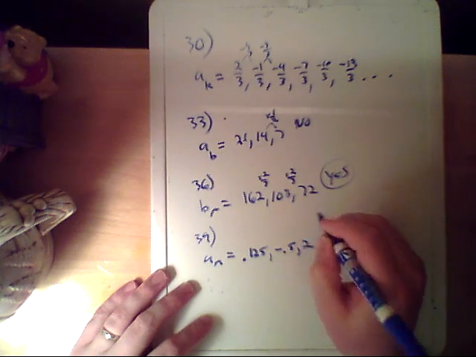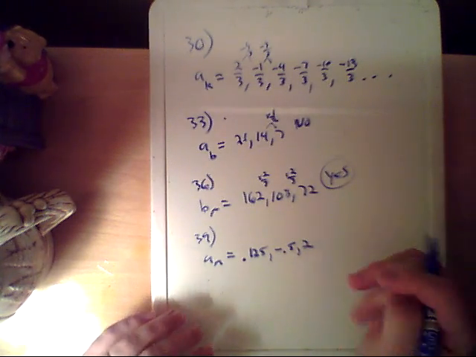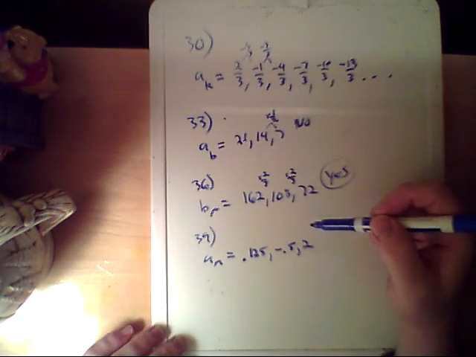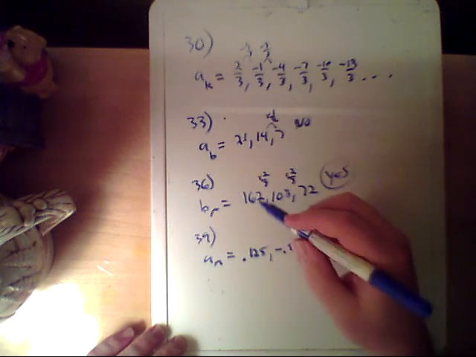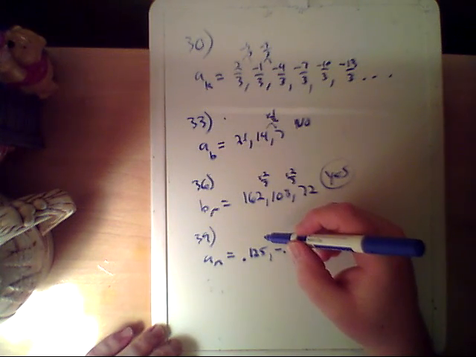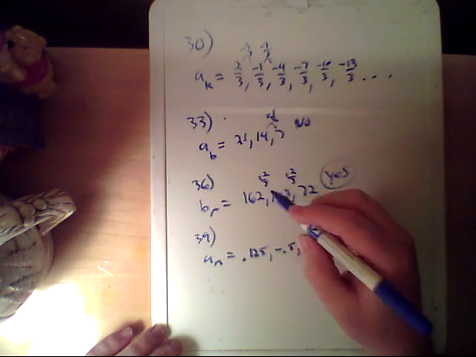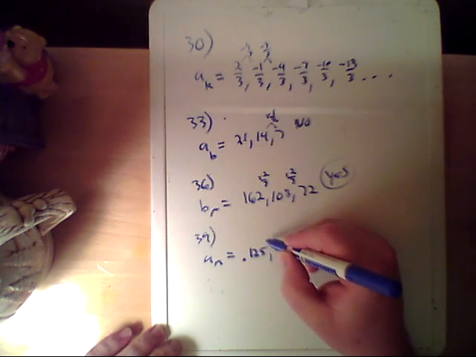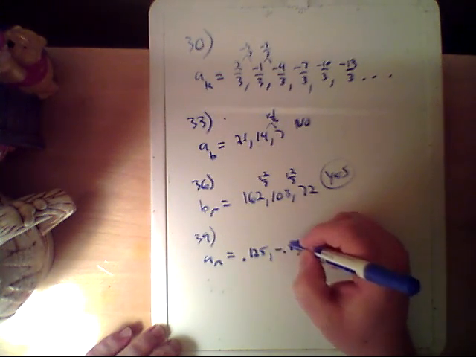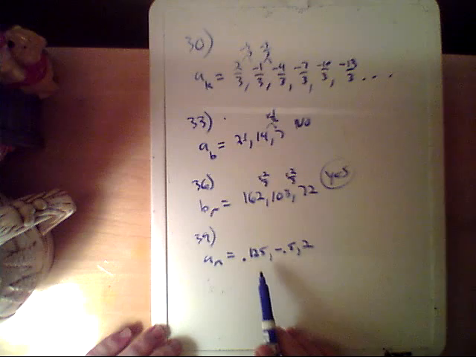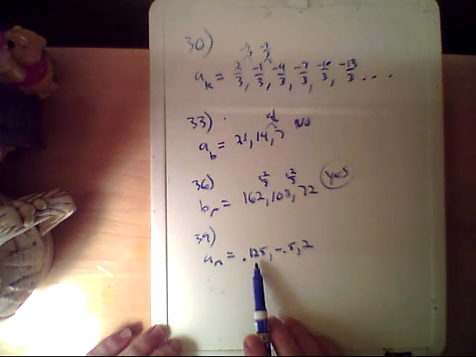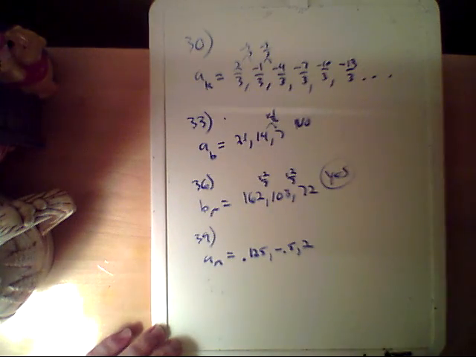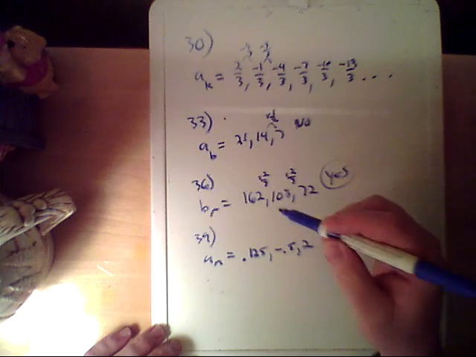This obviously isn't arithmetic because we'd go starting positive, going to the negative, we'd go further into the negative if it was arithmetic. So let's think in terms of geometric.